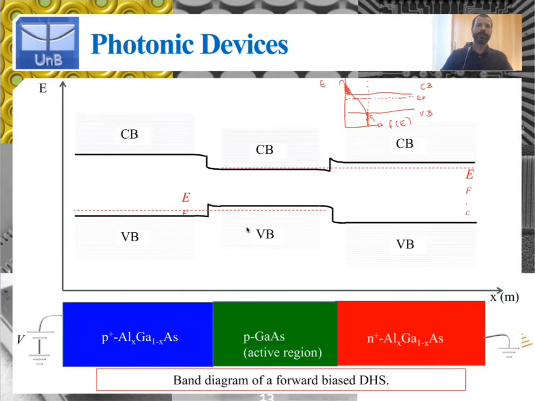Okay, so just as a recap, you have an N-type material and a heavily doped P-type material, so both of these are heavily doped, and a lightly doped, for example, P-type material right here in the middle. This means that this material has lots of holes in such a way that a diffusion current can occur.